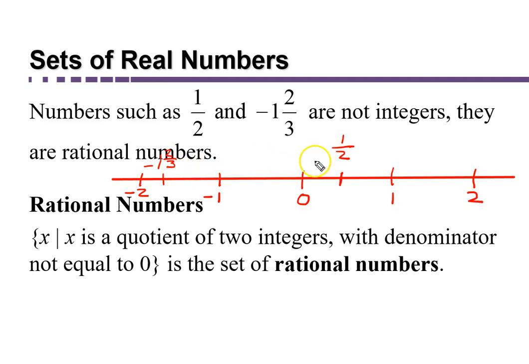So those are numbers that are on the number line, but how do we describe them? Well, any number, as they say, and this particular way of showing it, let me go over that and say this is called set builder notation. Write this in your notes.